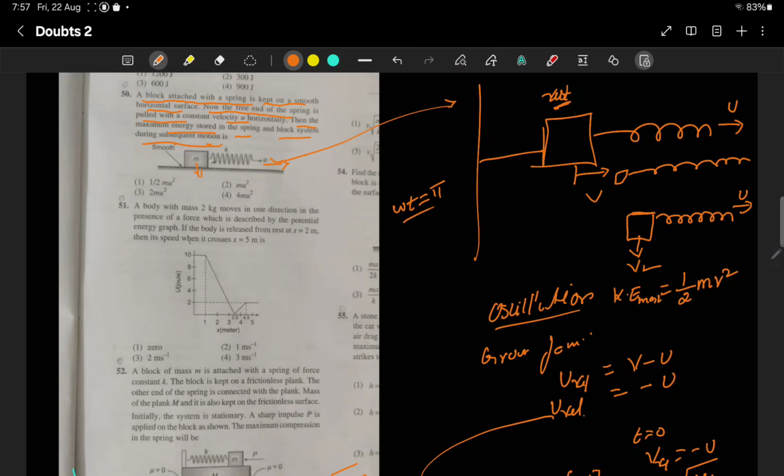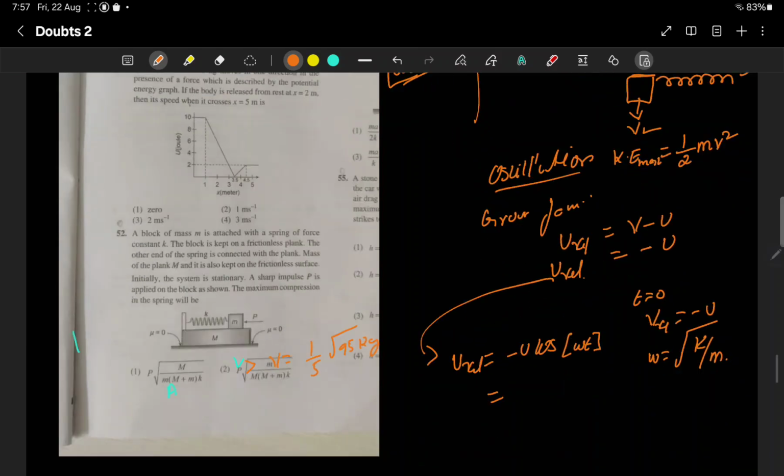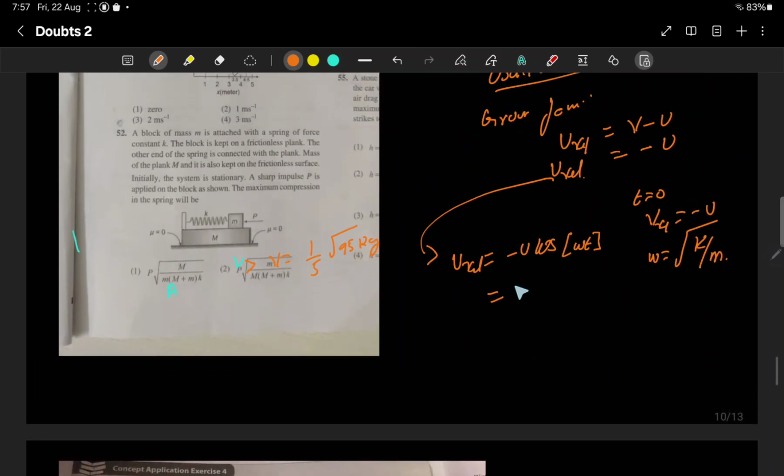The maximum velocity will happen only in this condition. So we can substitute omega t as pi in the relative velocity. I will get cos of pi, so we will get minus u times cos of pi, which is minus 1. We will get plus u.